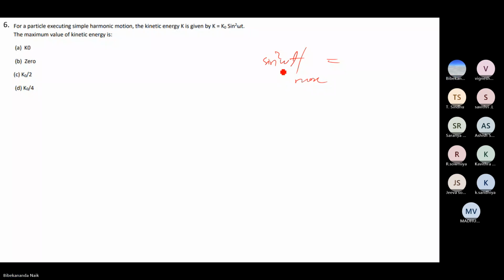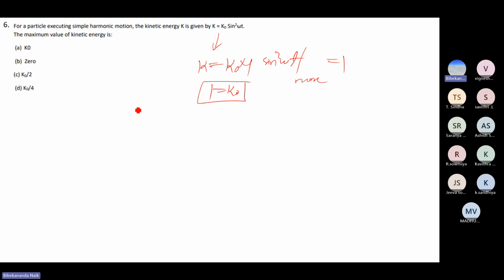Yes. So the maximum value of sine square omega t is 1. So it will be K0 into 1, so K0, because we know the maximum values of sine square omega t and cos square omega t are both 1.